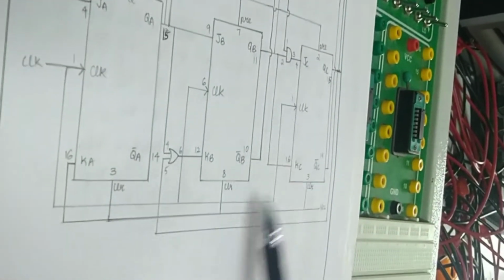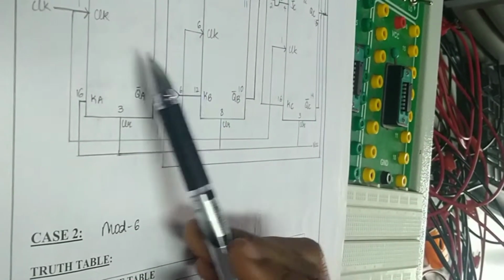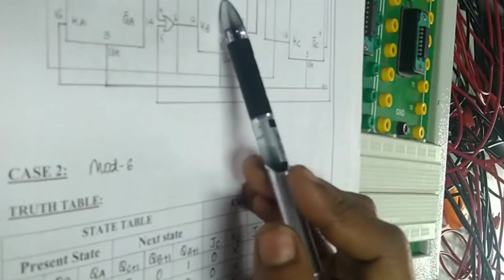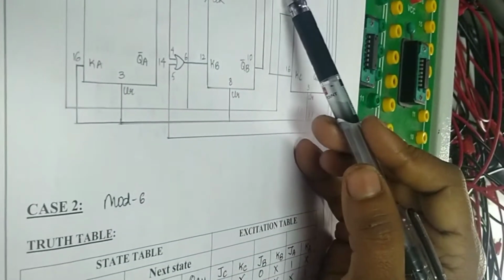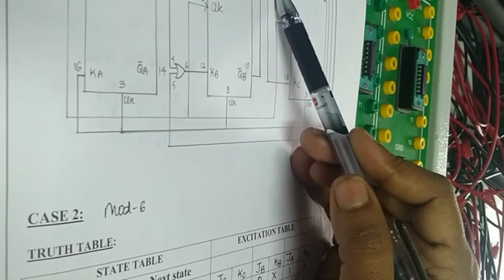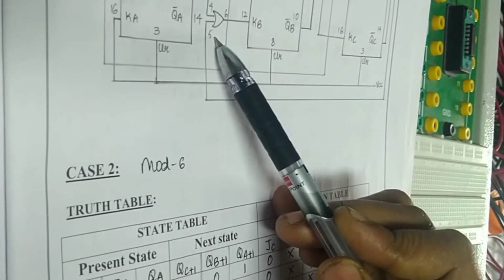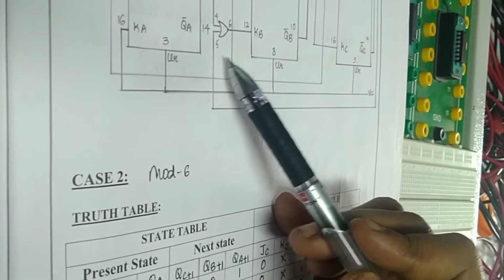Now the basic connection is over, connected to ground and VCC, the normal connection for all the 3 flip-flops, including these 7476. I require 2 more ICs. One is 7408 for the AND gate. I require 1 more, the OR gate, 7432. That is also connected to your trainer kit. Totally I require 4 ICs.